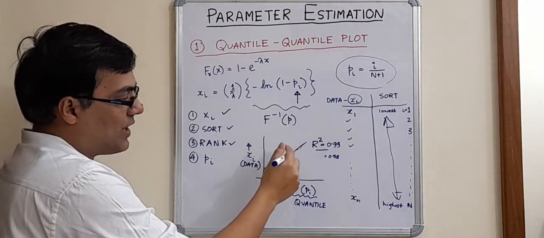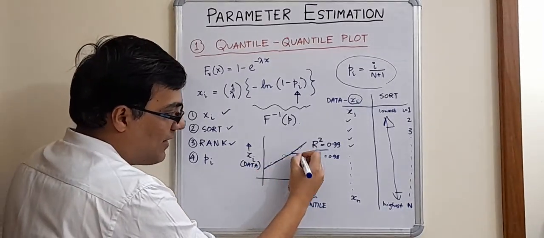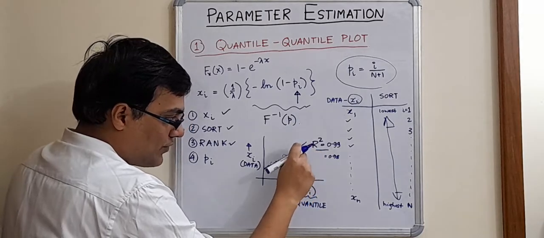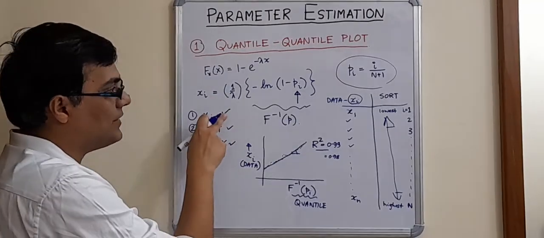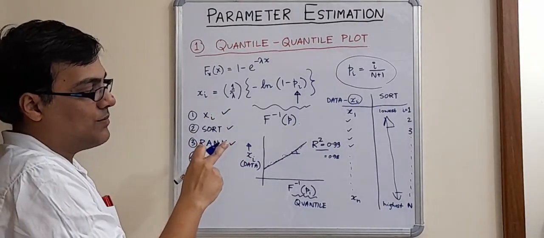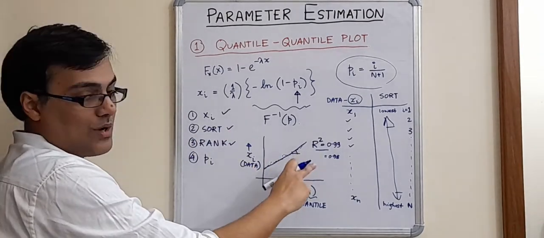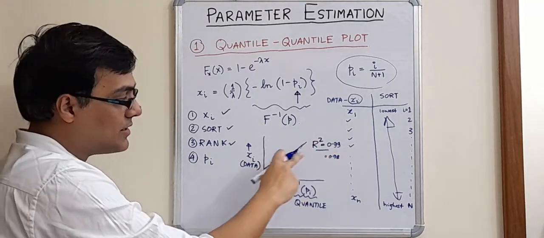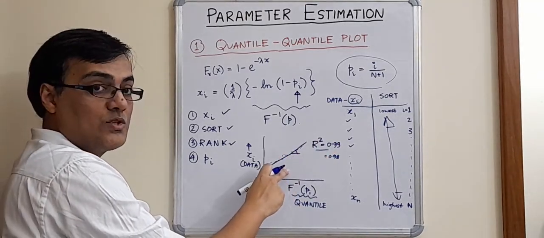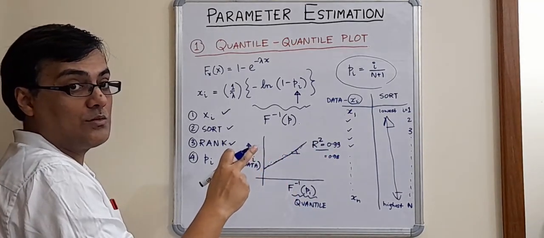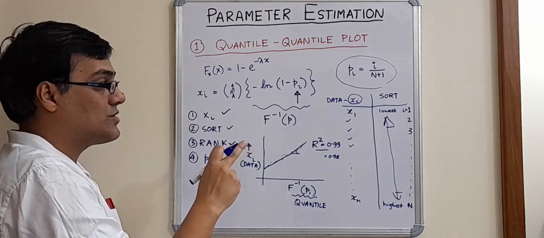You can get the parameters from the slope and the intercept, but most importantly, you select the distribution by R square. So R square gives you distribution selection, and the slope and the intercept give you the parameters of the distribution. This is the whole idea.